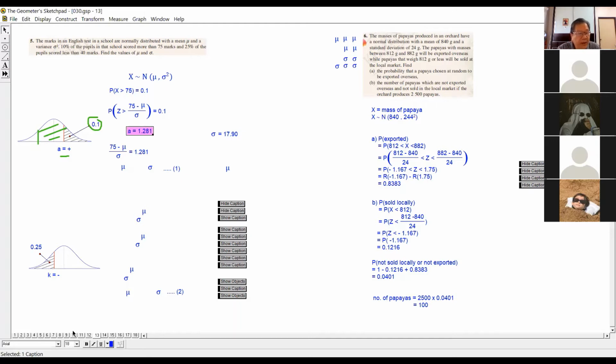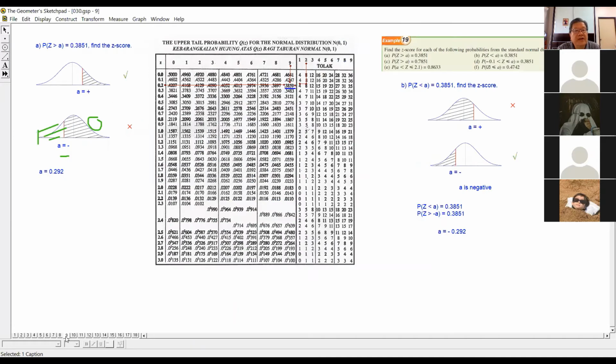We look at the table for probability 0.1. It is between 0.1003 and 0.0985. Since 0.1 lies between them, I must take the number on the left-hand side.